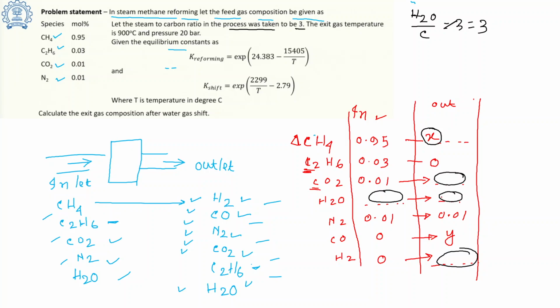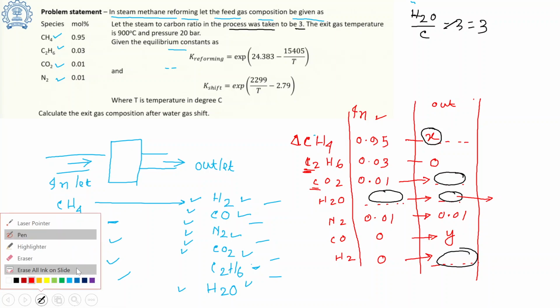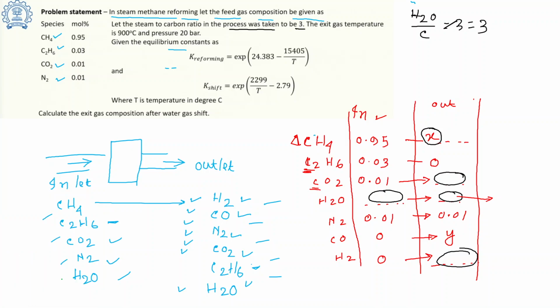So this is inlet water, 3.06. Here I will write in another color, green color. 3.06 inlet.